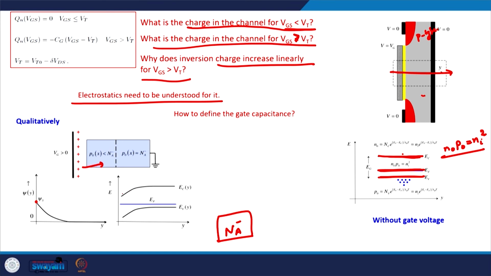So this is how the bands will look when a positive voltage is applied on the gate terminal. This is the interface between the oxide and the semiconductor, and at the interface the Fermi level is going away from the valence band and coming close to the conduction band. So the Fermi level is now right between the valence band and the conduction band.